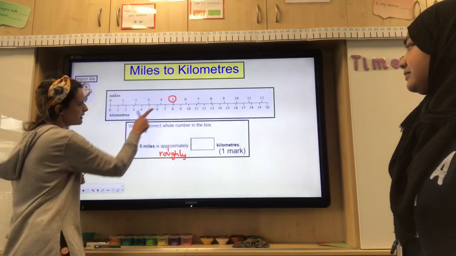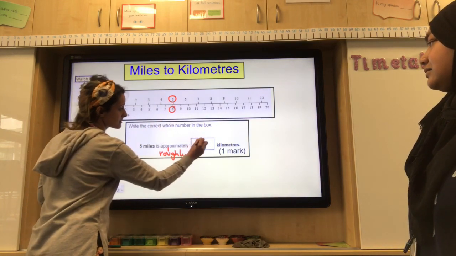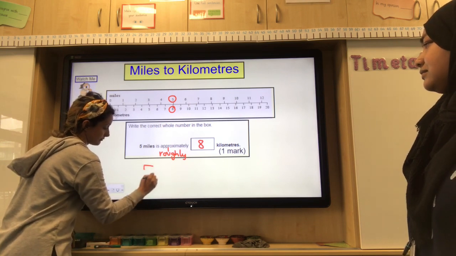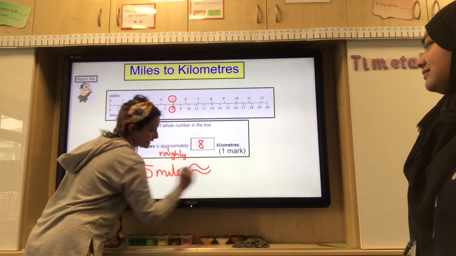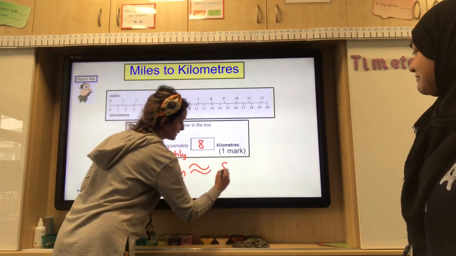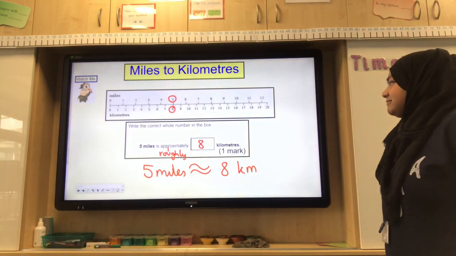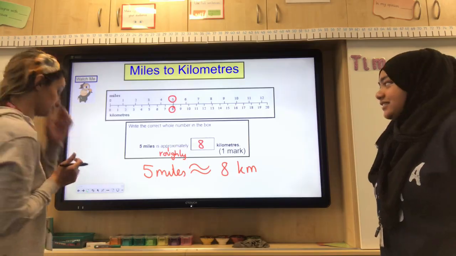Yeah, to the nearest degree. So when I look here at 5 miles, it's approximately close to 8 kilometres. And that can be written mathematically as 5 miles is approximately, where you do a wiggly equal sign, 8 kilometres. Okay, nice. You can write it like that. So just jot down that conversion because you need to use it within the lesson.